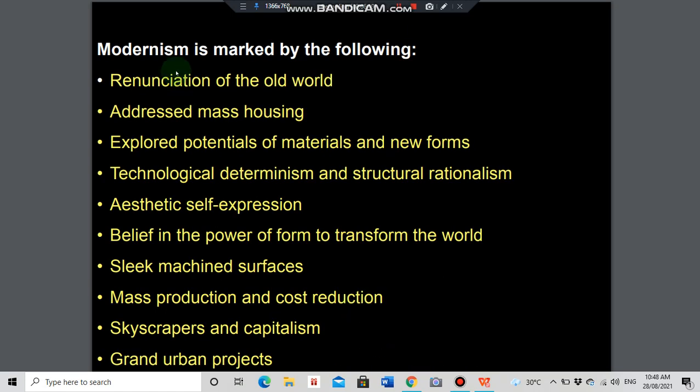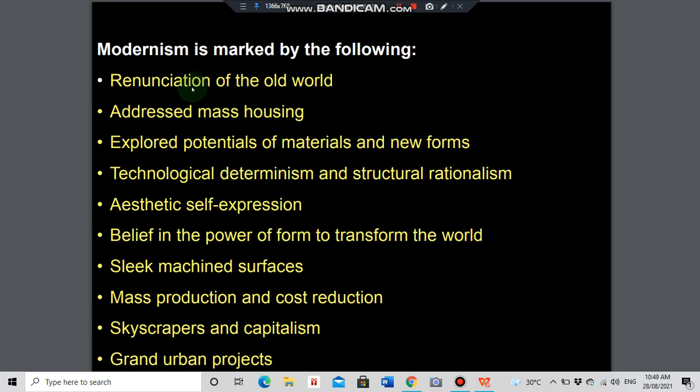Modernism is marked by the following: renunciation of the old world. When you say renunciation, para bang the formal rejection of the old architectural character, no?